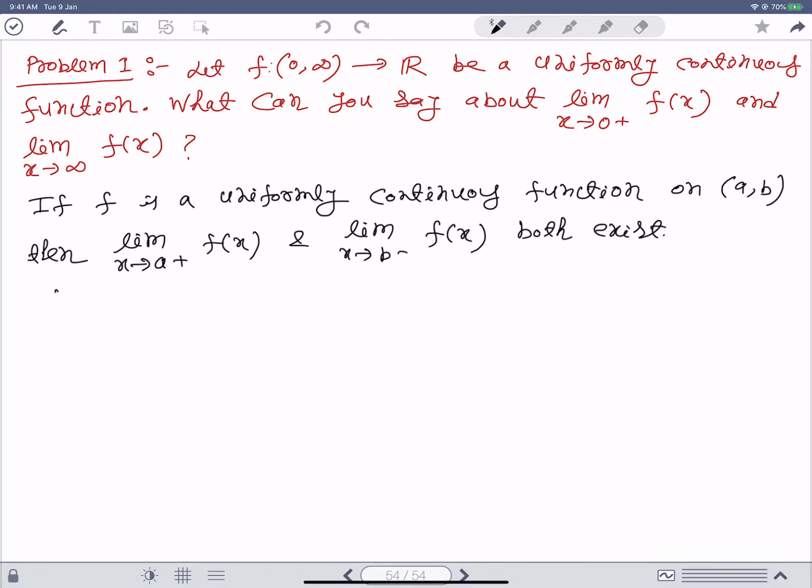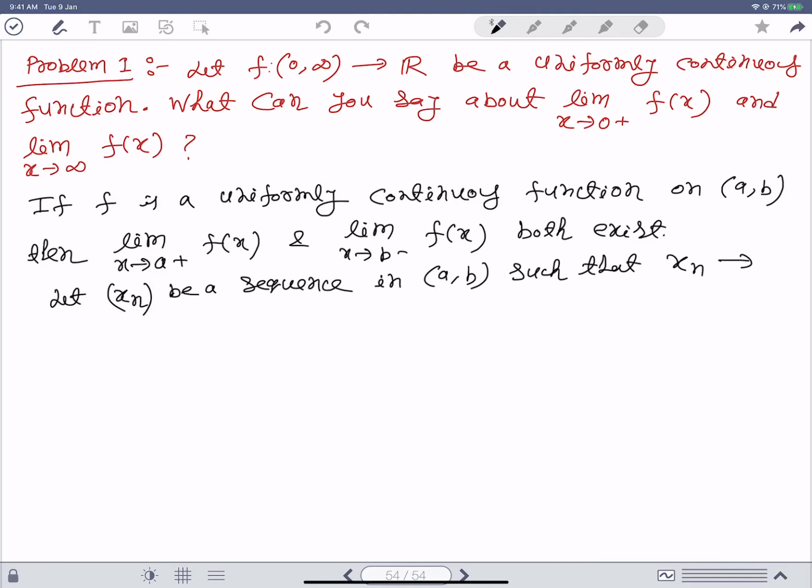Because, let xn be a sequence in the open interval (a, b) such that xn converges to a. Now that means, since xn is a convergent sequence, the sequence xn is a Cauchy sequence.